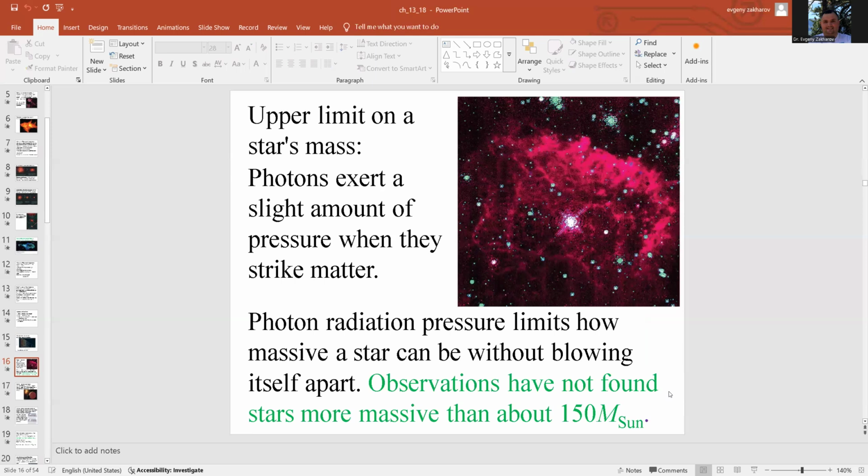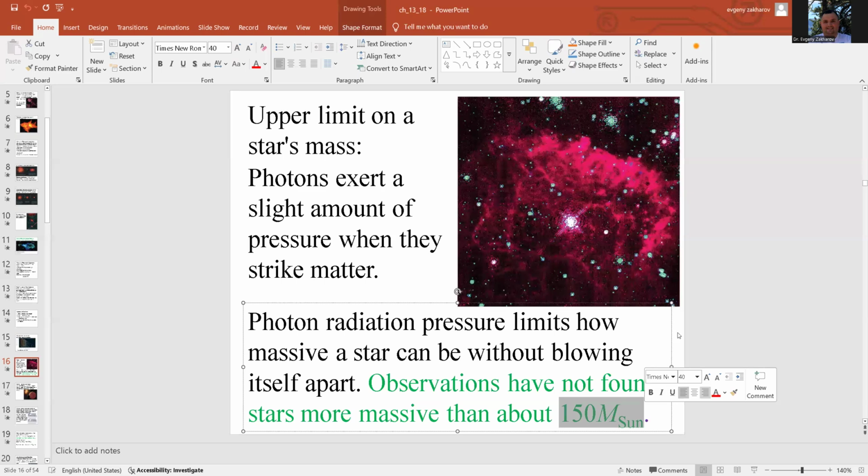Okay, we have an upper limit on a star's mass and a lower limit. So for the upper limit, this particular book says 150 masses of the sun. However, I've seen other papers, like research papers and books, and they say 200. So for the purpose of a test, the purpose of the final, keep in mind the number 150 masses of the sun.